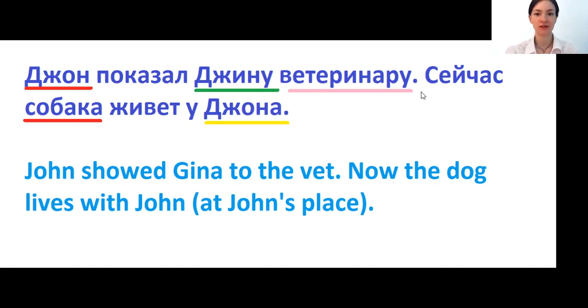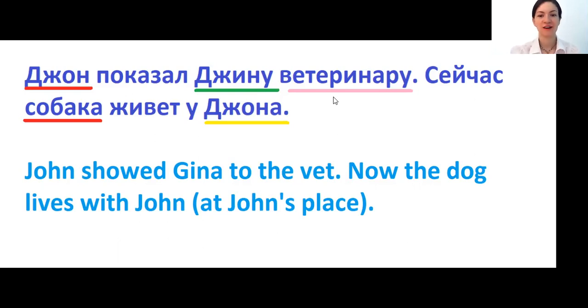ветеринару, dative. But here it is a little confusing because you have the same ending, Джину, ветеринару, but the cases and the gender are completely different. Джину is accusative and feminine gender, and ветеринару is dative and masculine gender.